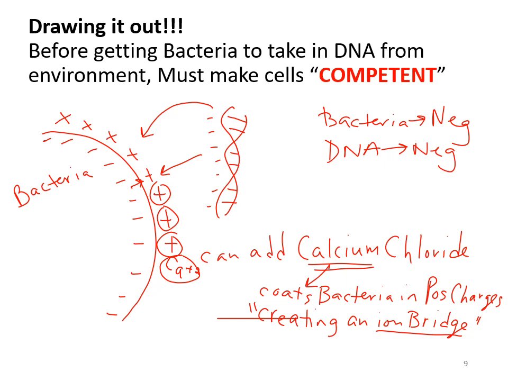You add calcium chloride, you add positive charges to create an ionic bridge to bridge the two together, to make the DNA now highly attracted to that bacteria because it sees the bacteria now as positive. And as you know, opposites attract. So the negative DNA is now attracted to the positive bacteria.